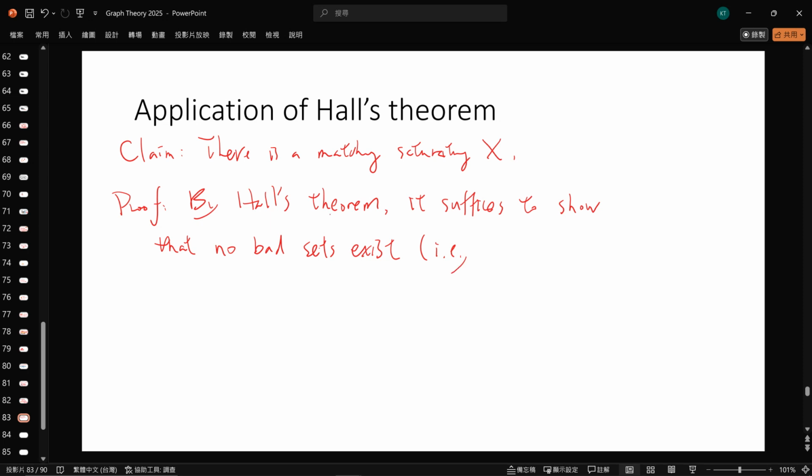So in other words, for every subset B in X, it has lots of neighbors, so the number of neighbors is at least the size of B. So it's like every subset is a good set.